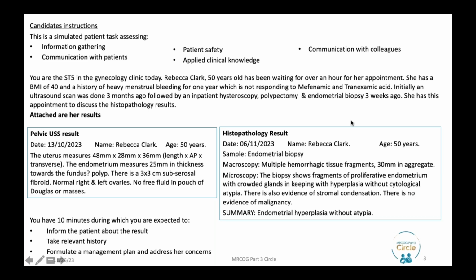Because patient A, who has endometrial hyperplasia without atypia, would get completely different treatment options from patient B, who also has endometrial hyperplasia without atypia. Their age is different, their BMI is different, their fertility plans are different, and also their views are different regarding whether they want hormonal treatment or not, and whether they're willing to come in for follow-up or not.